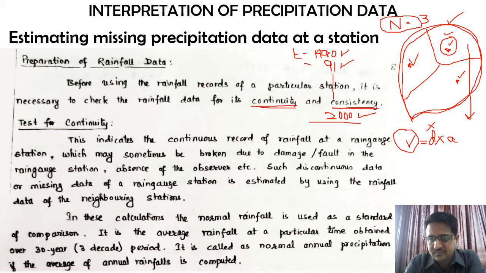Now the second thing is the consistency. Consistency indicates with what accuracy all these rain gauge stations are providing us the values. What I mean by that is, how much percentage of error is being shown by these rain gauge stations.